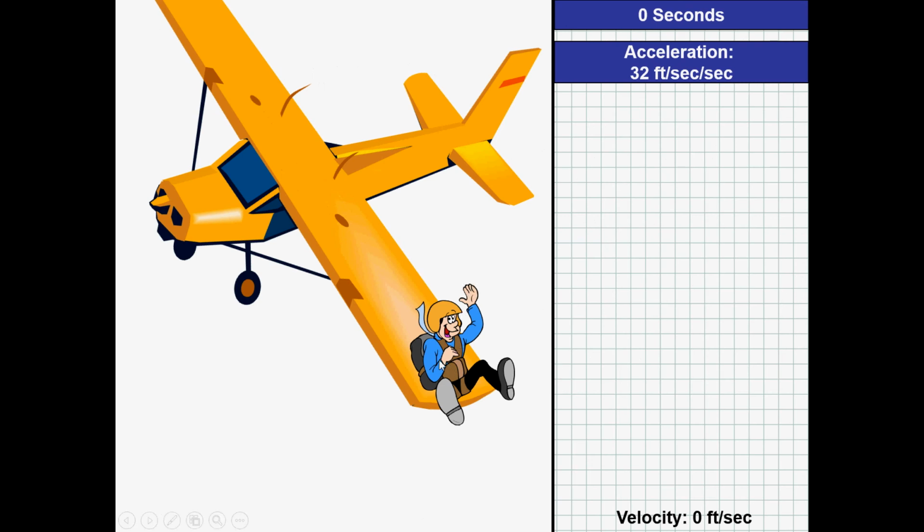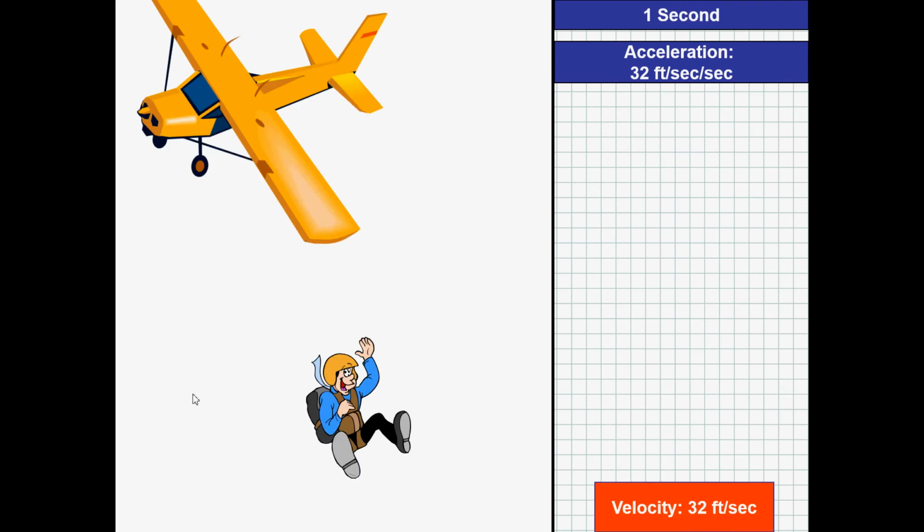All right, so let's take Fearless Fred, who knows no fear, and put him on an airplane here. He looks like he's having a great time, folks. He's on the airplane, sitting on the wing, and he decides he's going to jump off. Since the gravitational acceleration is 32 feet per second squared, after 1 second, we take 1 second times 32 feet per second squared, and we get 32 feet per second.